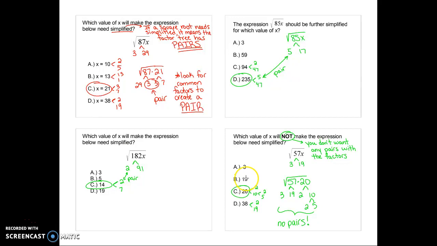If I plug in a 19, 19 is prime, but it pairs up with the 19 that I already had. So again, cannot be my answer choice here because I do not want these to simplify. Then if I try the 20, well, 20 breaks down into 2 times 10, which breaks down into 2 times 5. So my prime numbers are 2, 2, and 5.